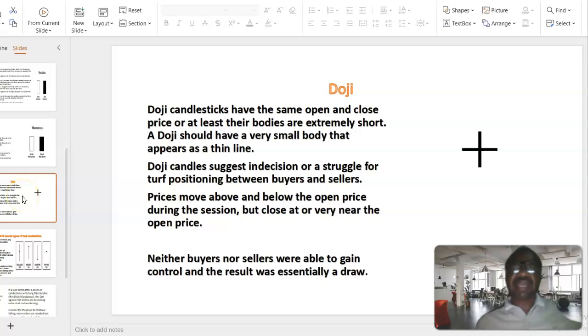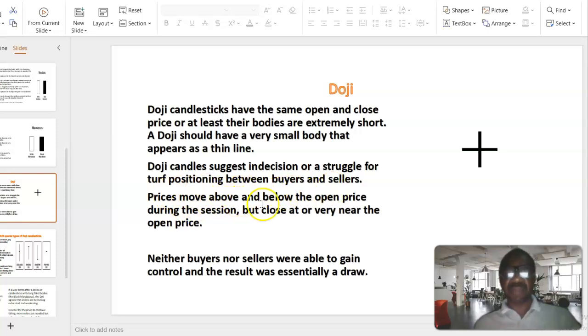After that, now let's look at the doji candle. What is a doji candle? A doji candlestick has the same open and close price, or at least its body is extremely short. It should have a very small body that appears as a thin line, and it suggests indecision or a struggle for positioning between the buyers and the sellers.